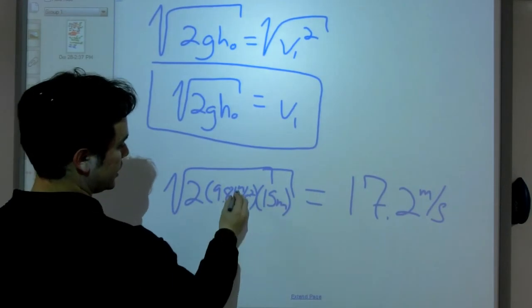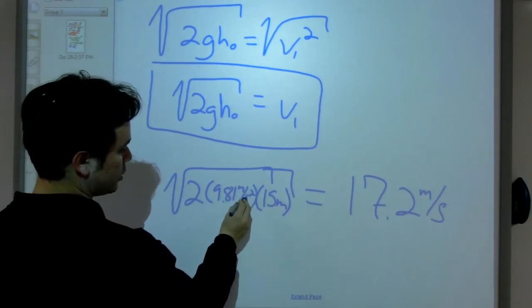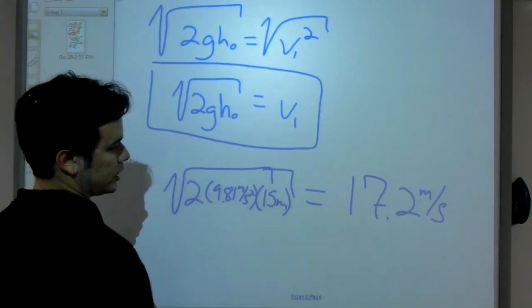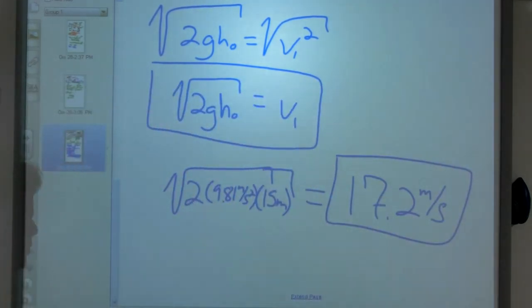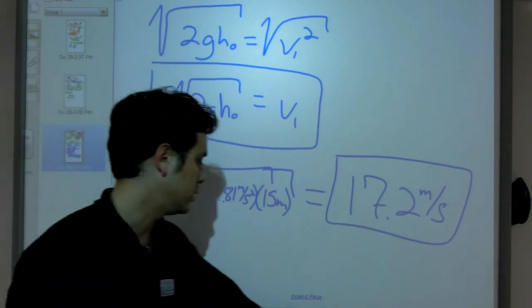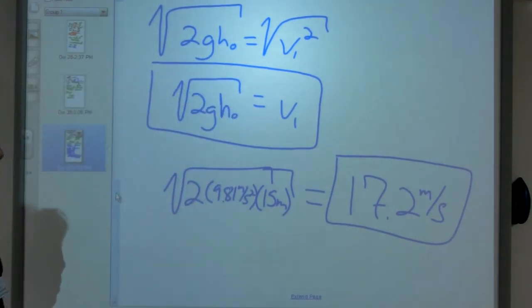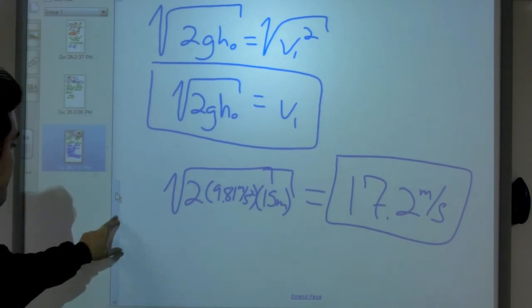So I'd have meters times meters per second squared, that's meters squared per second squared, and I take the square root, so that gives me meters per second. Yay, my units work out. 17.2 meters per second is roughly somewhere between 35 and 40 miles per hour, I'd say. So it's moving pretty quick.